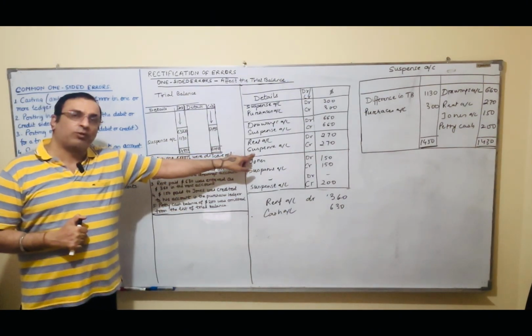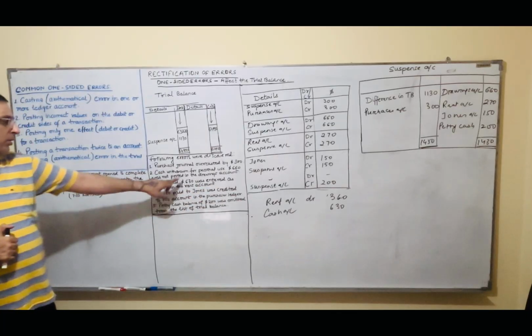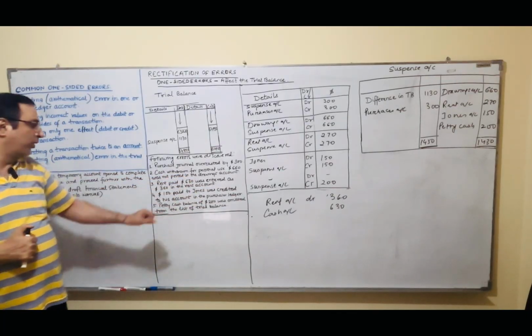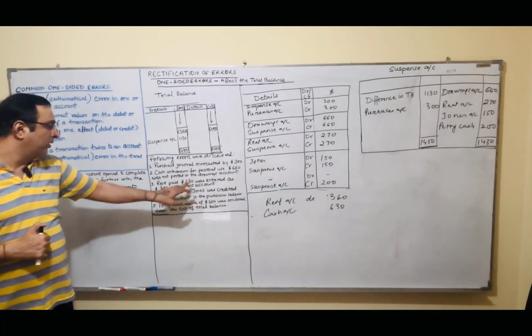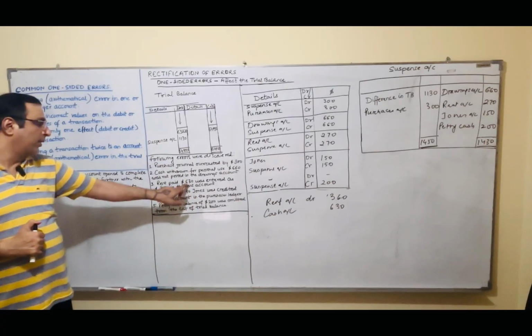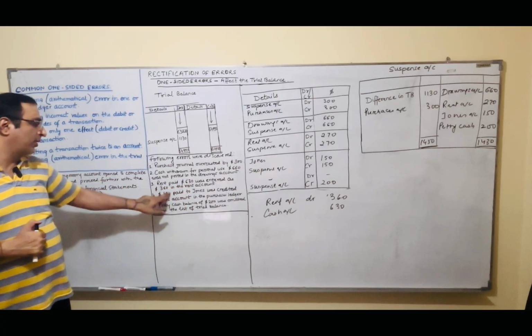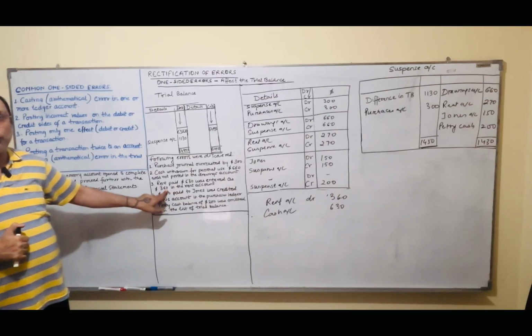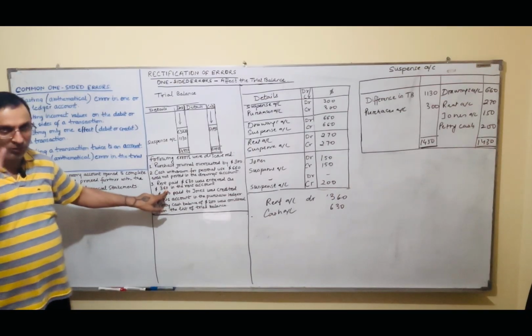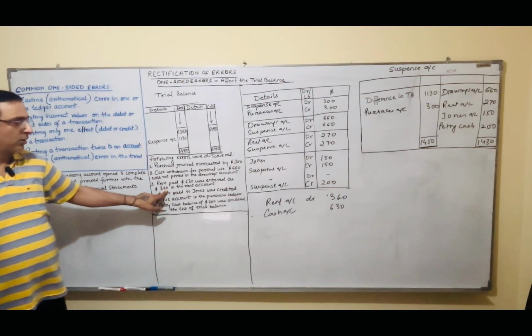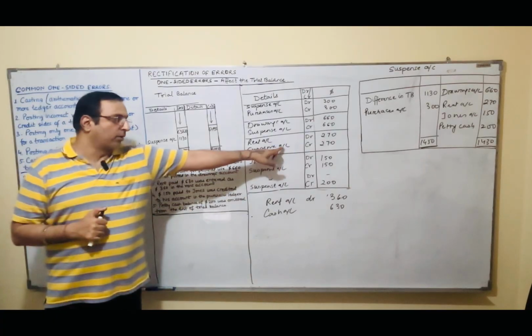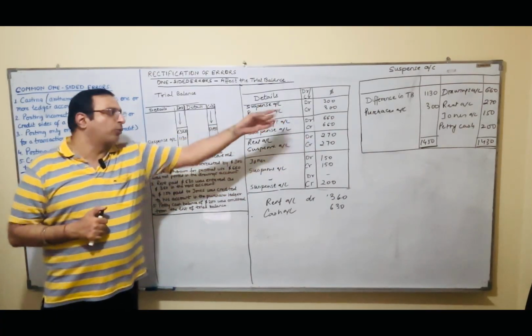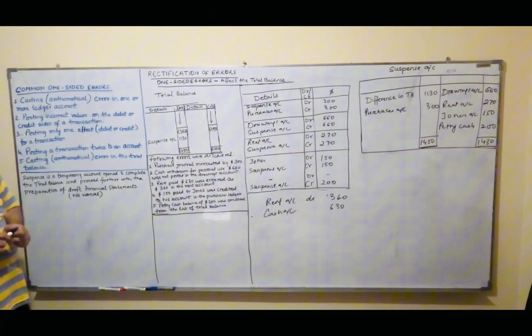What we have done is we have written less than the actual amount. Rent paid was 630, but we recorded 360. That means only the rent account was short. Cash was not short. So we record the difference here, like this. And this is again posting. That's why I was a bit fast, because this is all basics.